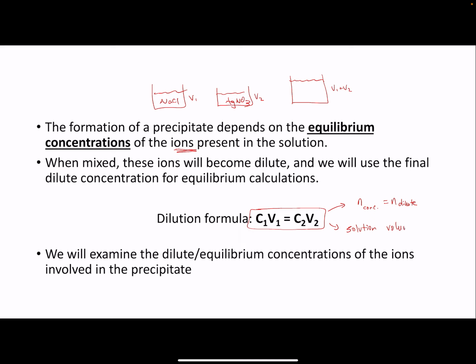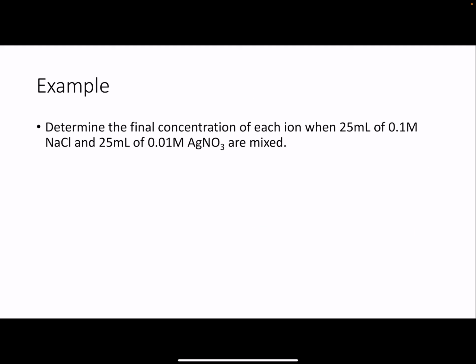The volume of the solution changes, the moles do not, and we recall that moles are equal to concentration times volume. So if the moles stay the same and the volume changes, that means the concentration must change as well. So we'll look at examples of these.